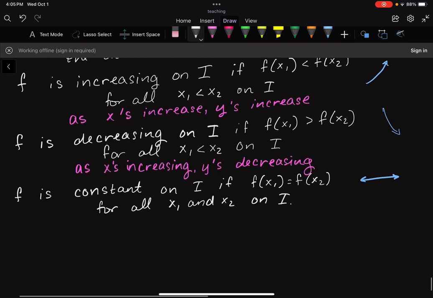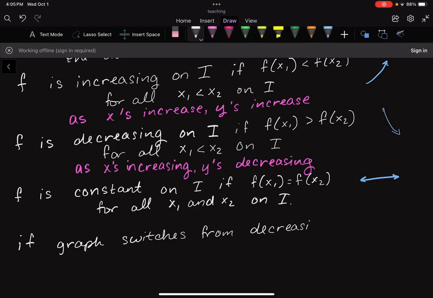Now, some cool stuff can happen. If our graph switches from decreasing to increasing at, say, a value x, then we would say that y value, f of x, is a relative minimum.